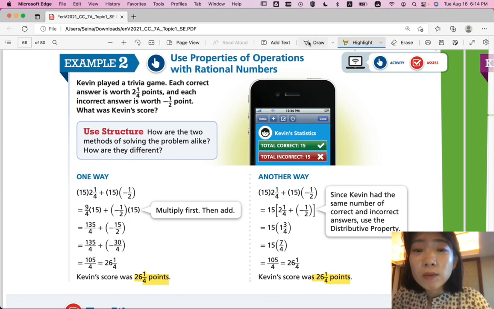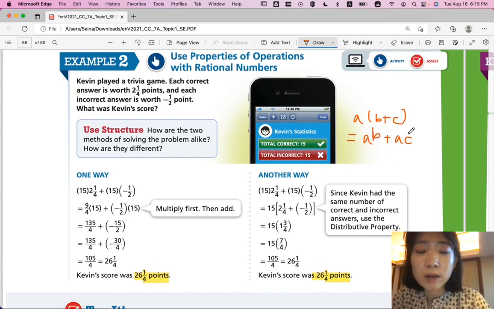Okay? In case you didn't know, the distributive property says A times (B plus C) is equal to A times B plus A times C. So if you can use the distributive property, you can save time in a lot of different problems.